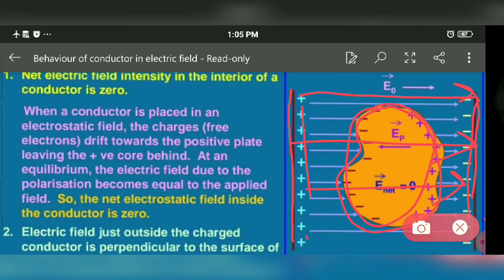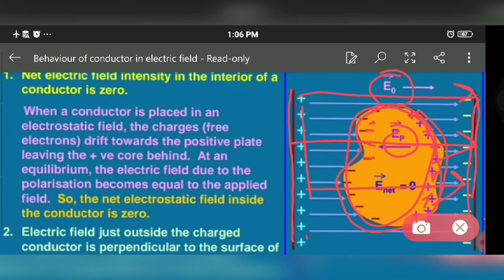That positive and negative charge start drifting. The negative charge collects on the face near the positive plate, and positive charge accumulates near the face toward the negative plate. This keeps on drifting until the inside electric field becomes equal to the outside electric field.